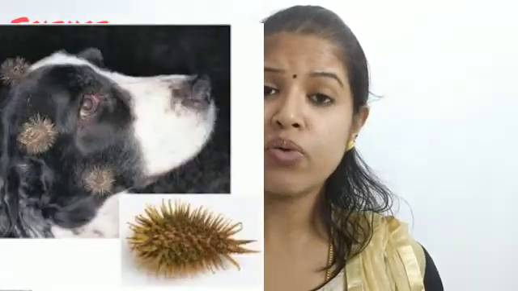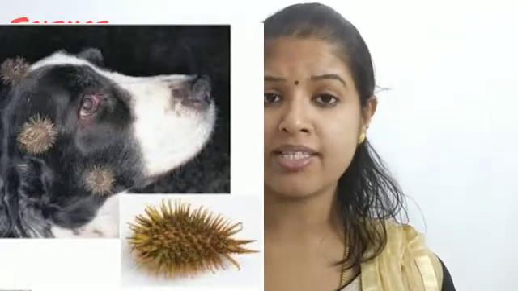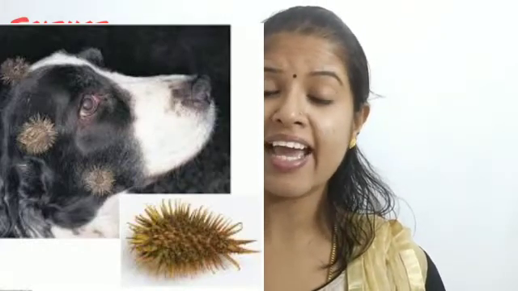And some seeds have hook-like structures which will stick onto our clothes and onto the animal's leg, so that when they travel from one place to another, the seeds get to faraway places. So this is about animals, birds and human beings.